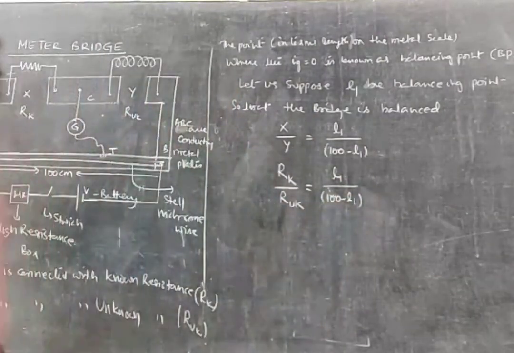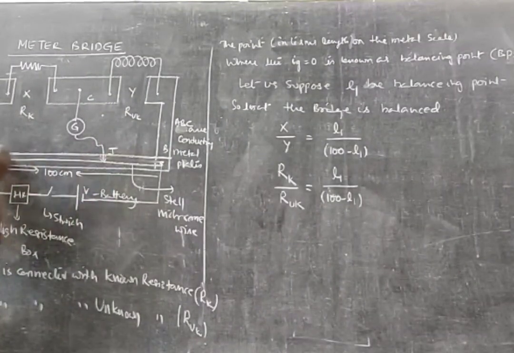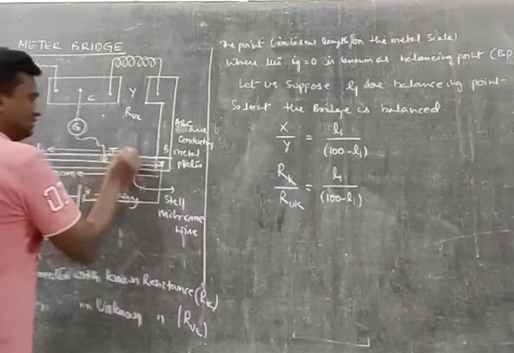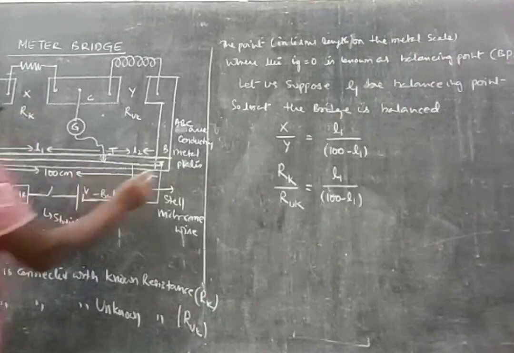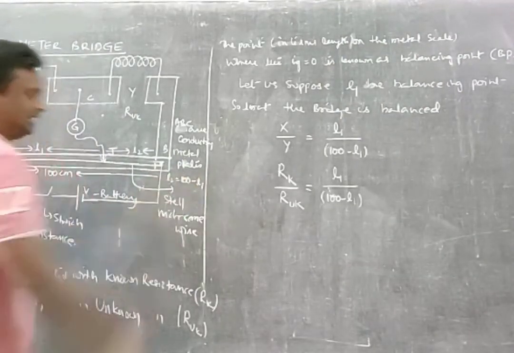If the balancing point is over here, that is L1. So this length will be L2. What is L2? L2 is equal to 100 minus L1.